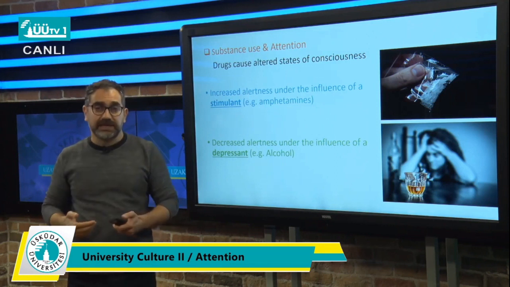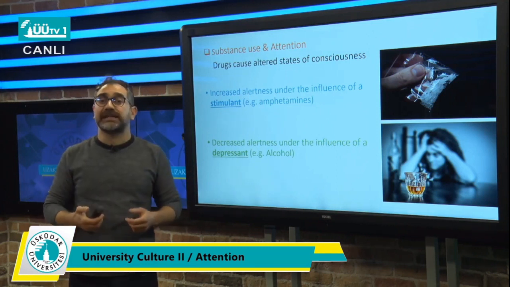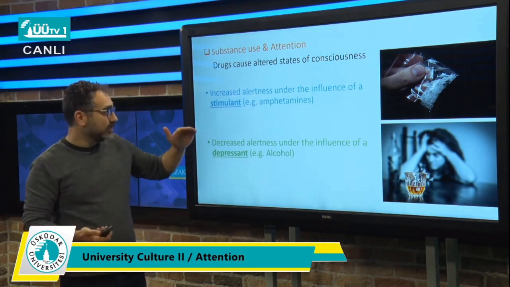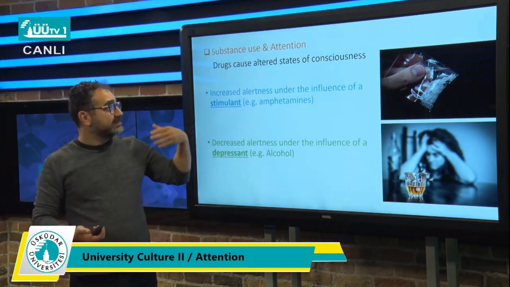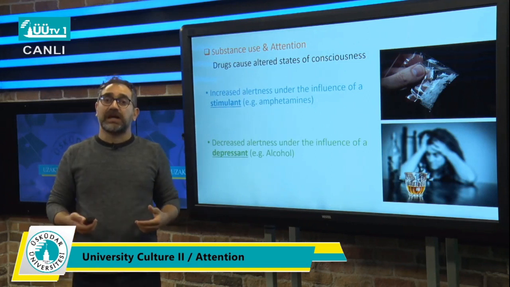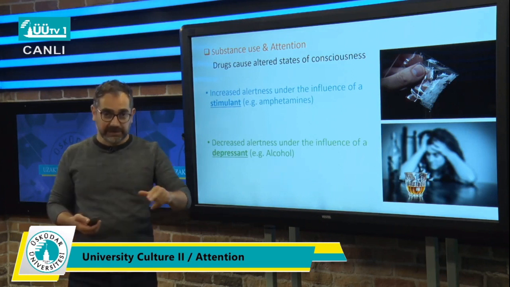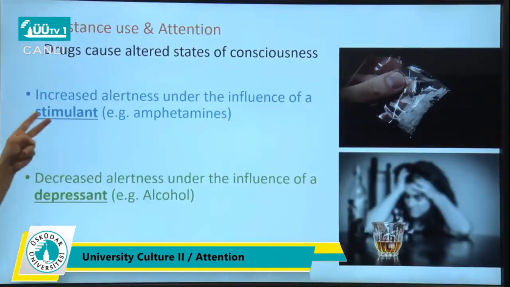This person won't be able to attend in a healthy way, so this person may cause an accident. That's why we say that substances in general can cause an altered state of consciousness and influence our attention negatively. Here we talked about two classes of substances. There are a number of different classes of substances that can alter cognition.